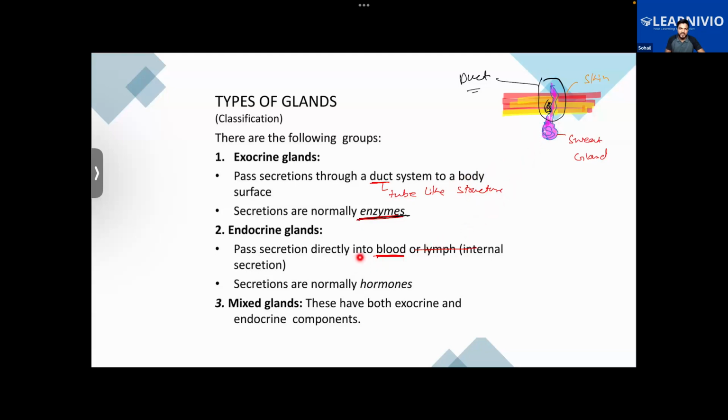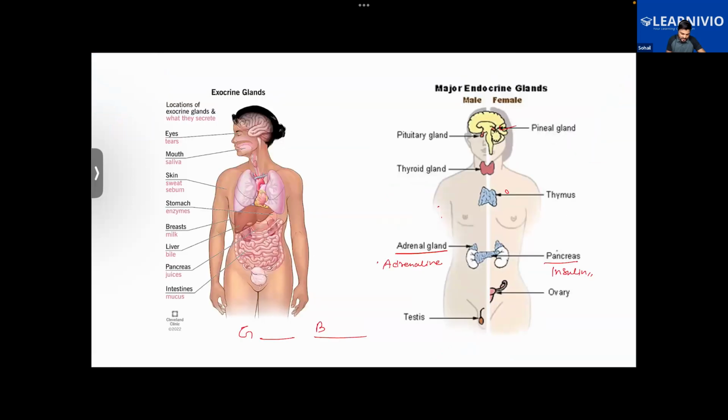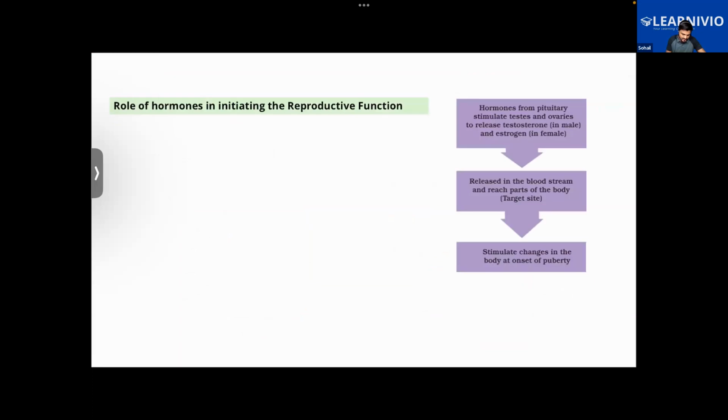But in the case of endocrine glands, they were secreting the secretions directly into the blood, and their secretions are normally hormones. Since they had no tube-like or duct-like structure, they were also called ductless glands. Remember that endocrine glands are also called ductless glands.